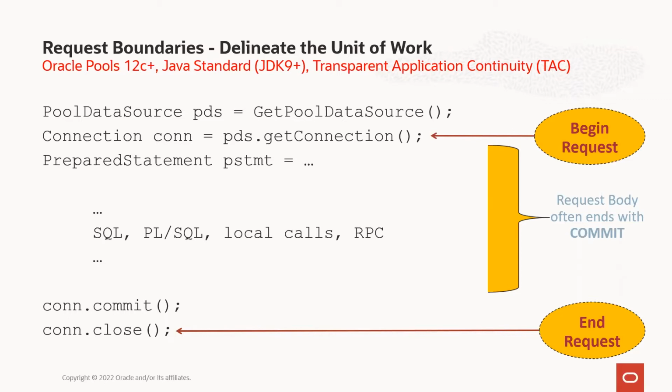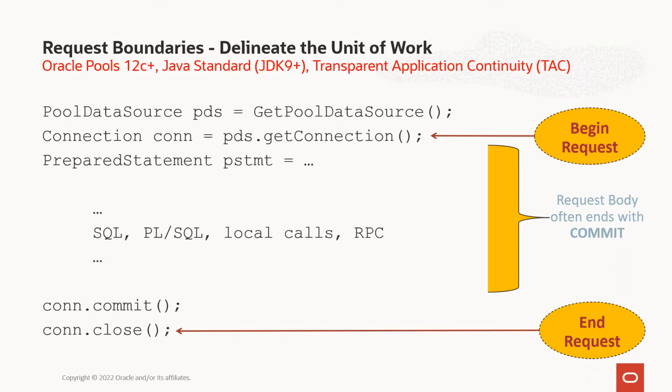Without a connection pool, there's no way of injecting begin and end request boundaries unless you actually code it into your application. So we introduced the transparent application continuity configuration, whereby the database looks at the state of your session, and if it sees session state changes of any significance, it assumes you're beginning a request or ending a request.